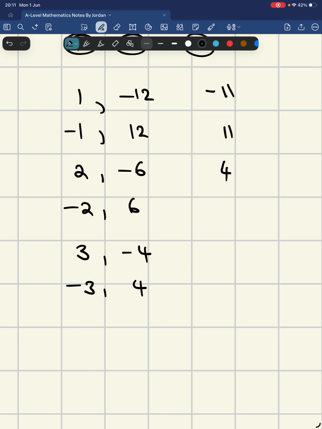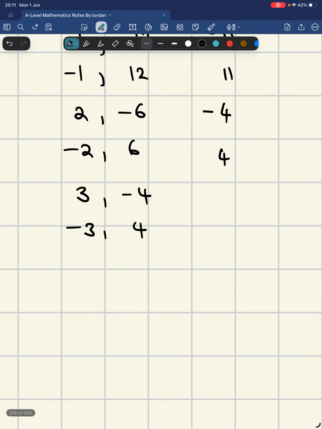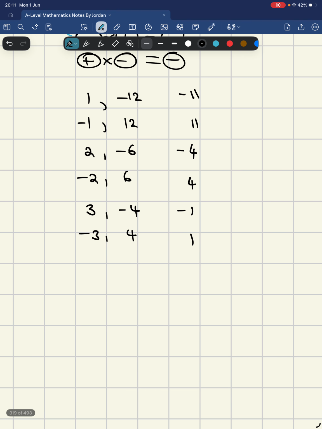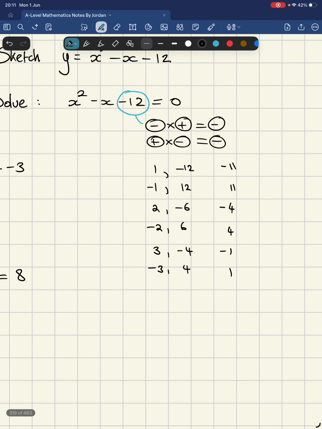So basically these two will be 4s, but which one's the negative one? Now looking at this one, you can see that the 6 is the bigger number and it's negative. So it's that one. Here we've got a difference of 1. 4 is the larger number and it's negative here, so that's the negative. And there we go.